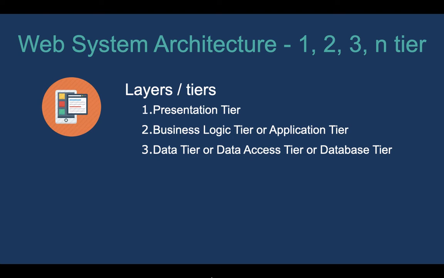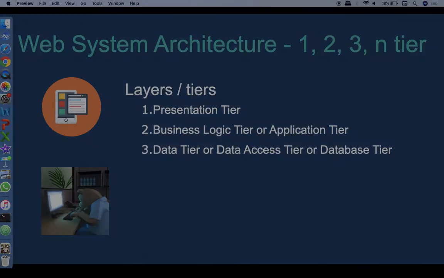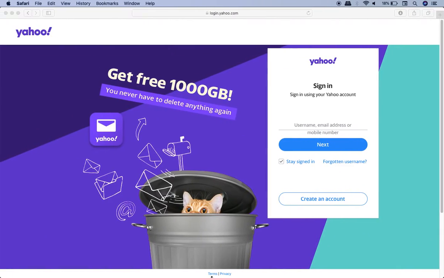Okay. So what is the presentation tier of a web application? What is the presentation tier of a website? The presentation tier is basically that part of the website which the user can see, with whom the user can interact. For example, let's say you have a Yahoo Mail service.